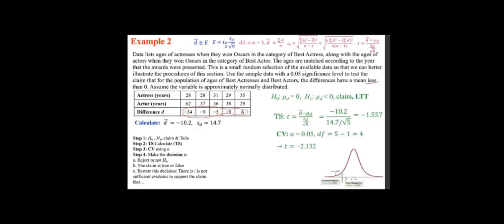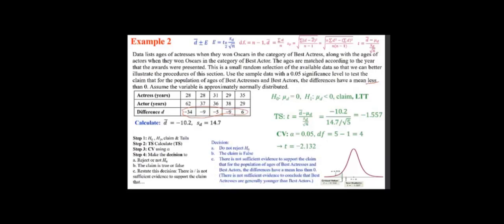And when you don't reject H0, that means loosely put, you reject H1, that means you reject the claim. What does it mean when you reject the claim? The claim is false. And then you do your writing. So do not reject H0. The claim is false.